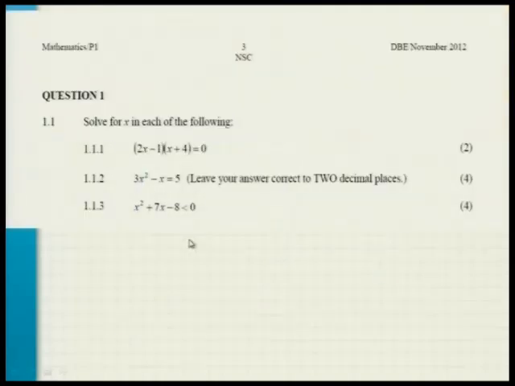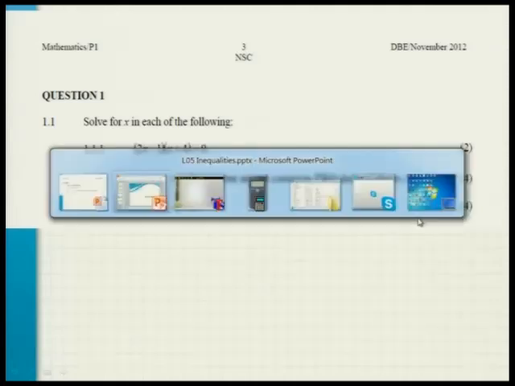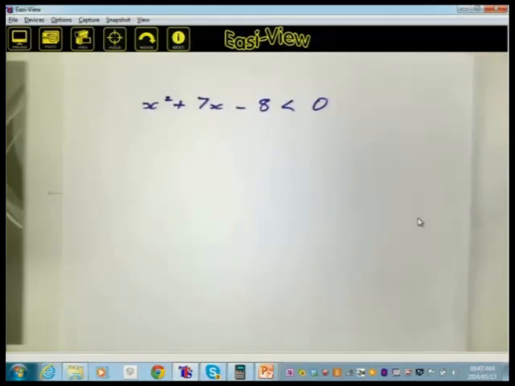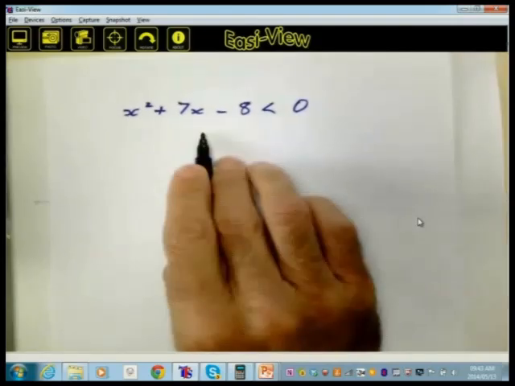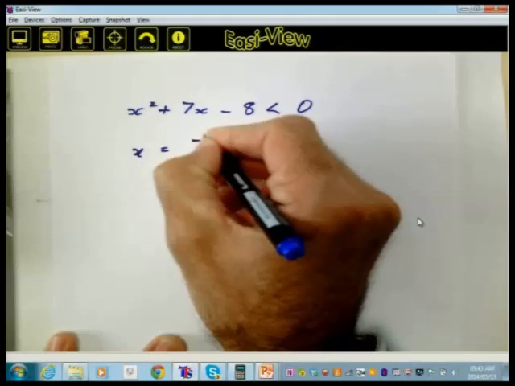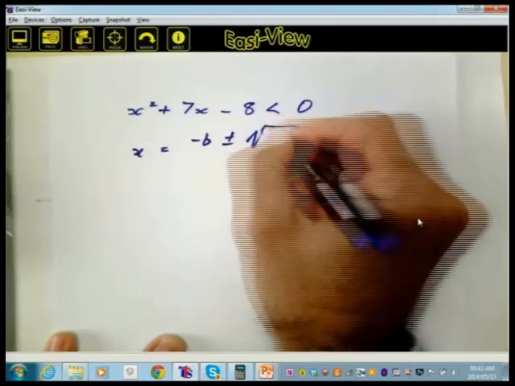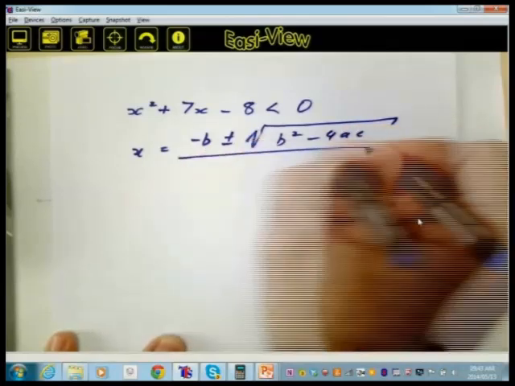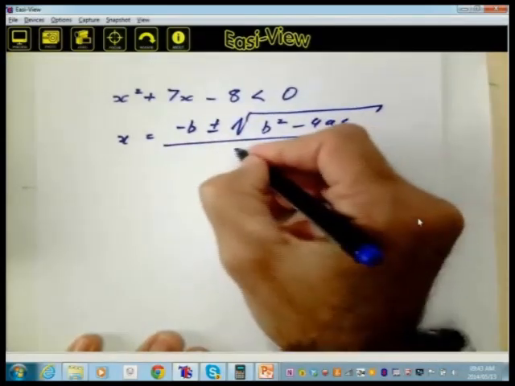But I need to do one example for you that came from the November exam. And this is question 1.1.3. x squared plus 7x minus 8 less than 0 for 4 marks. How would we do that? Okay, I'm quickly going to switch to my camera. And I've got it here. And if we quickly do that, this is already in the standard format. So we can say x equals minus b plus minus the square root of b squared minus 4ac, all of that on 2a.